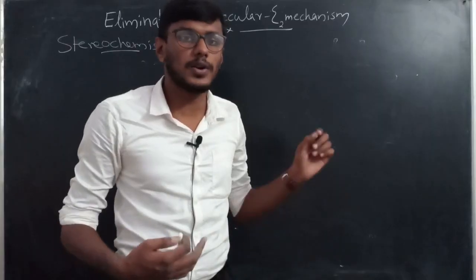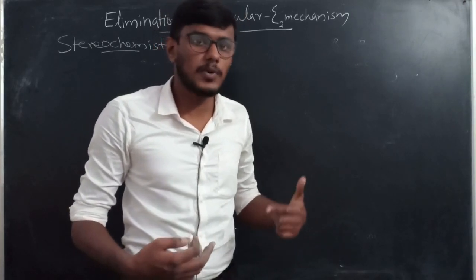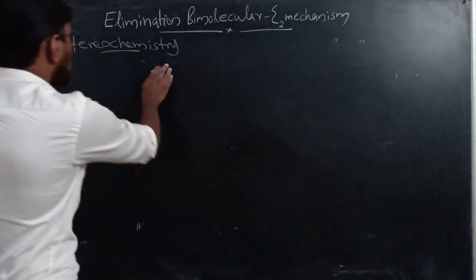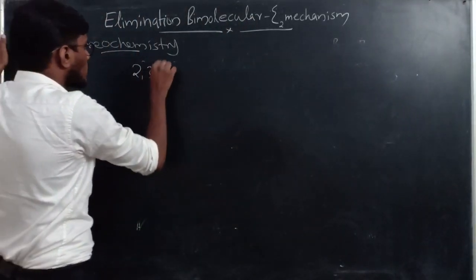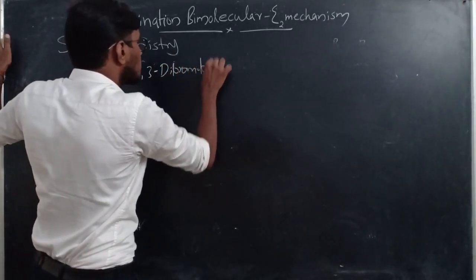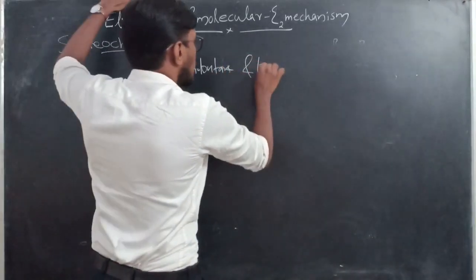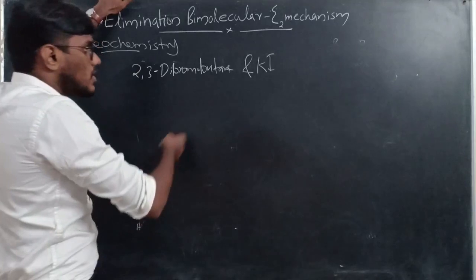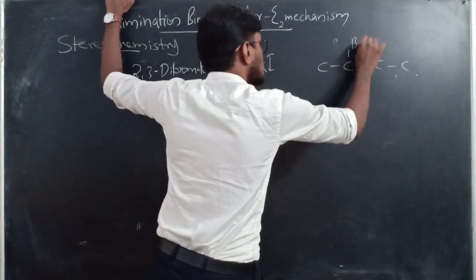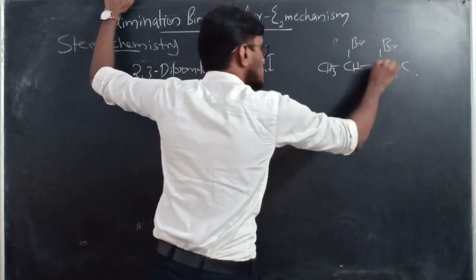Next example, we are going to take the elimination reaction, the reaction of KI, potassium iodide, with 2,3-dibromobutane. The reaction with KI is an E2 elimination reaction, and 2,3-dibromobutane is like this: Br, CH3, CH, CH, CH3.